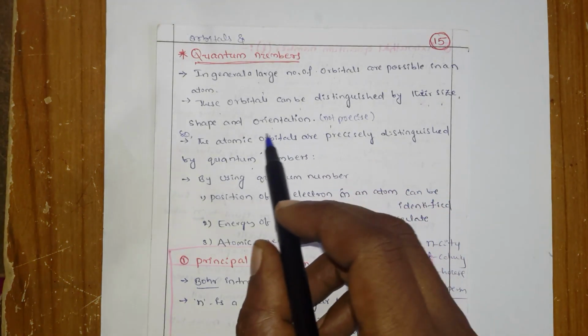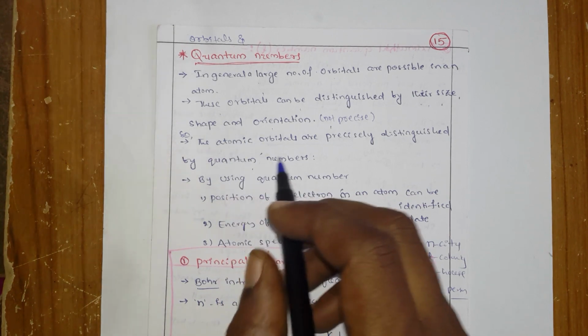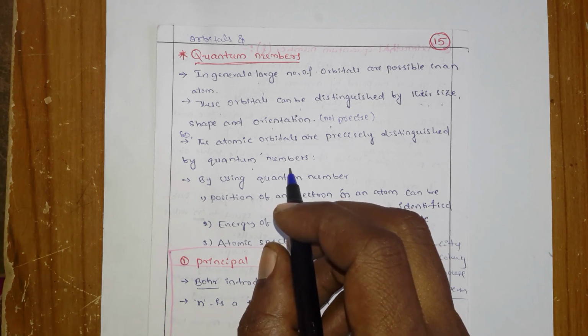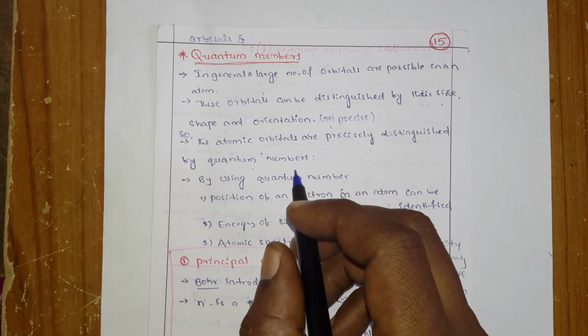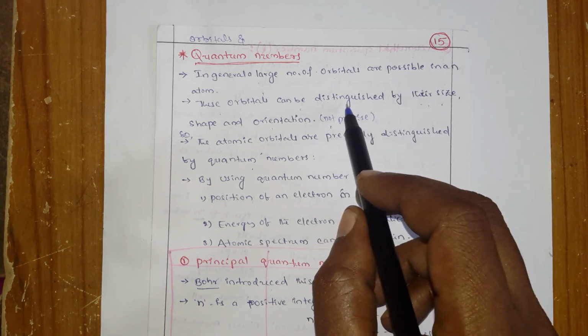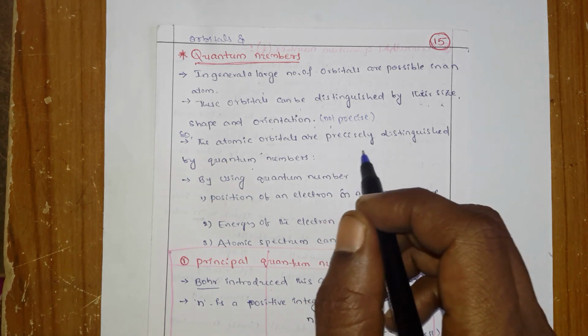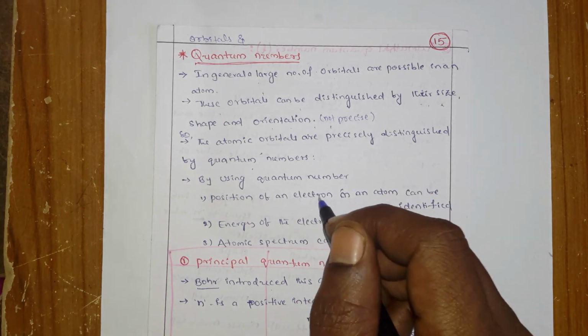Coming to the shape, some of them are spherical, some are dumbbell shaped, and some are double dumbbell shaped. But simply by distinguishing with size, shape and orientations, you cannot find the exact thing.